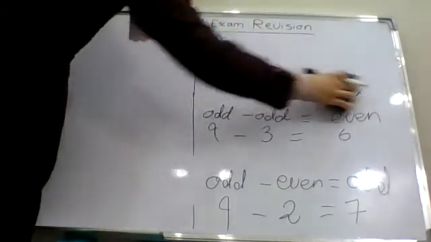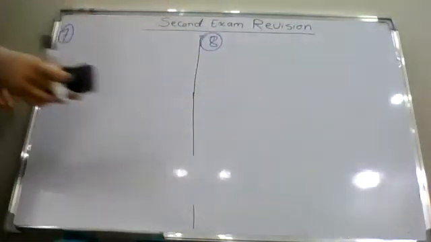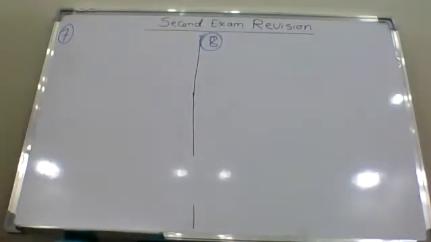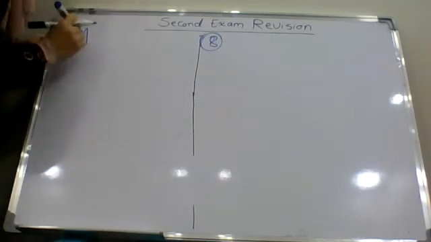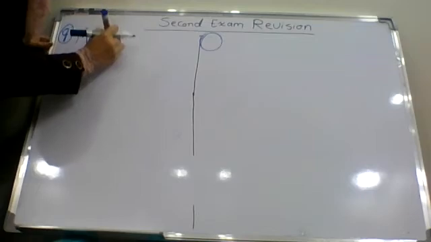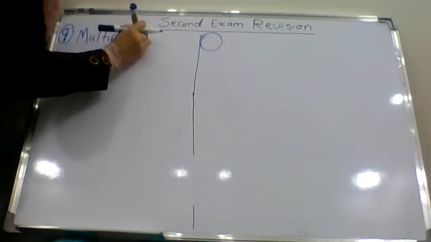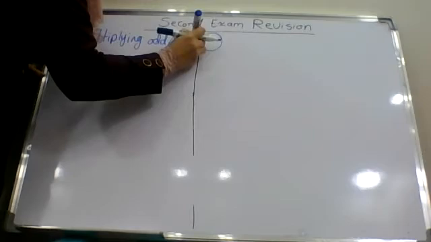Now I want you to know what the answer is if you multiply, okay? So now the answer for multiplying even and odd numbers, which is the 9th subject, okay? Multiplying odd and even numbers.